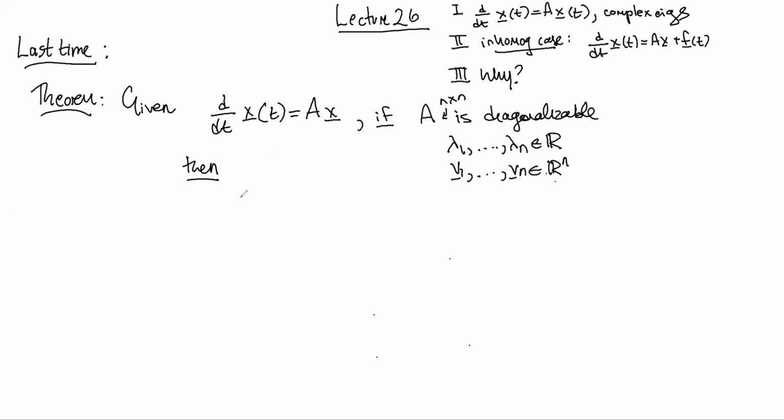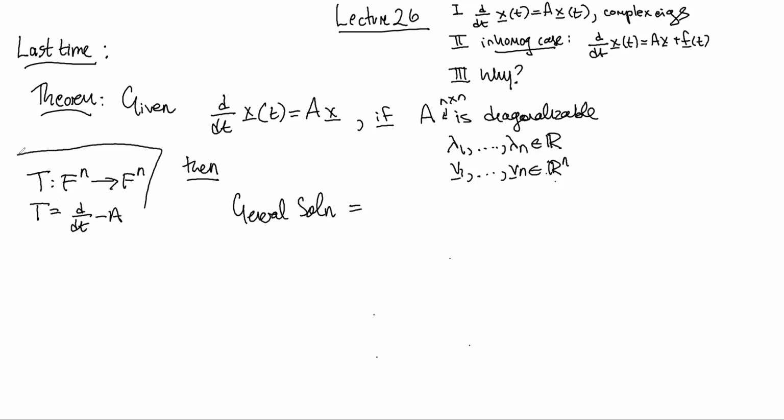then the general solution of this equation, which, in the background is always this linear transformation T, so that the solution of the ODE is just the functions in the kernel of this linear transformation, we showed is actually just a bunch of exponential functions times the corresponding eigenvectors.